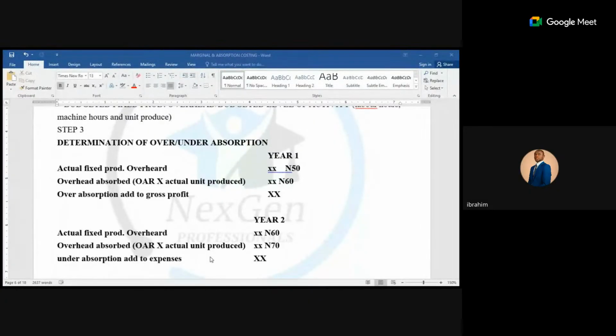Then marginal and absorption costing will take us to activity-based costing. From activity-based costing, we will move to cost volume profit analysis, from cost volume profit analysis to limiting factor, from limiting factor to throughput accounting, from throughput accounting to relevant costing, and so on. We'll move like that, right?